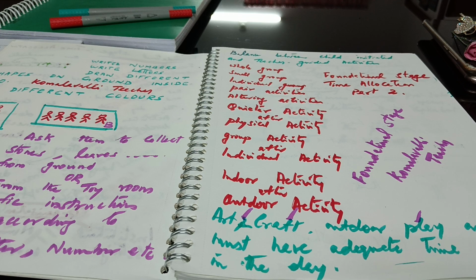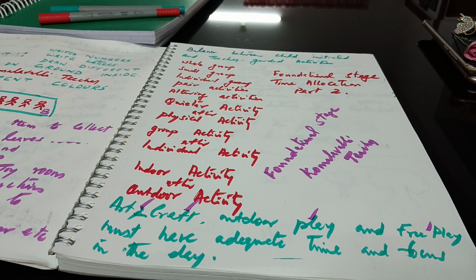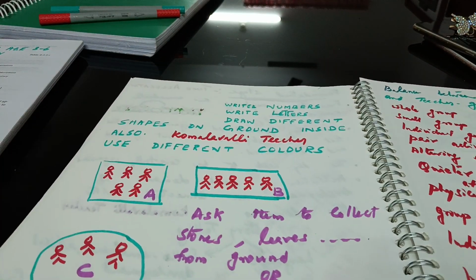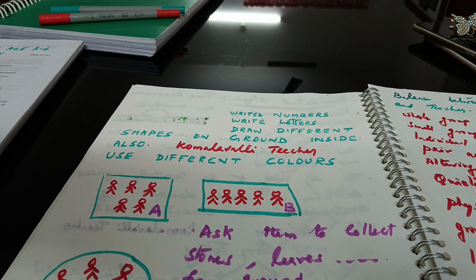So art, craft, outdoor play and free play, that is, free play must have adequate time and focus in the day. And yesterday I talked to a principal who is my friend. She told that when they play outside, small children used to collect stones, leaves.